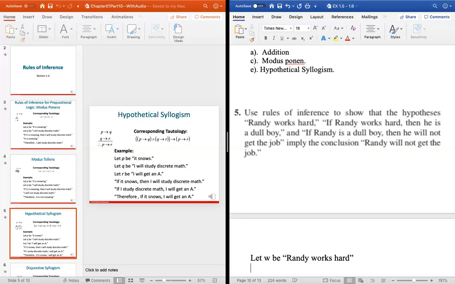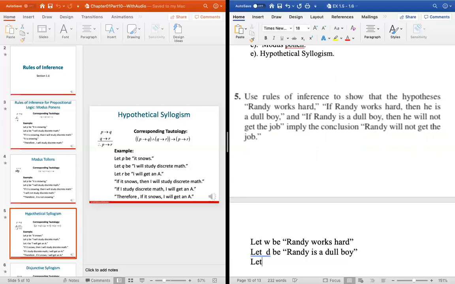Then we say let D be Randy is a dull boy. Lastly, we will assume let J be Randy gets the job. So we have those hypotheses.